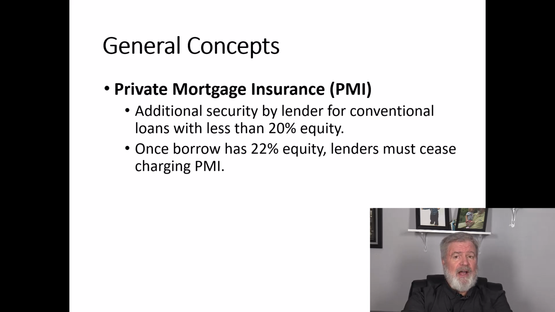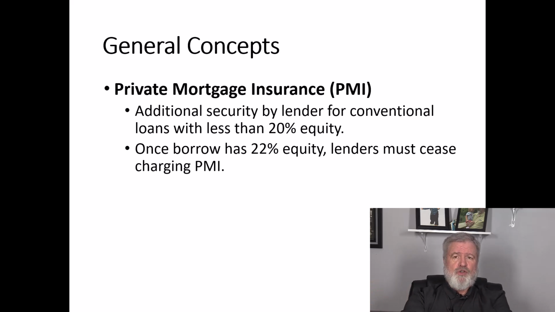But if you don't ask them to drop the PMI, they don't have to, and I'd be shocked if they did. In fact, I'd tell you they're not. They're going to continue to charge it. But once you have 22% equity, now the lender must drop the PMI, whether the buyer asks to drop it or not. It doesn't matter.